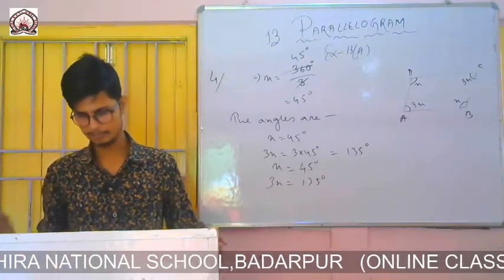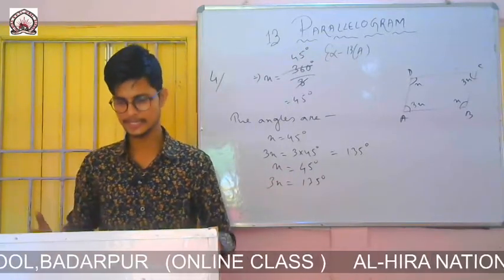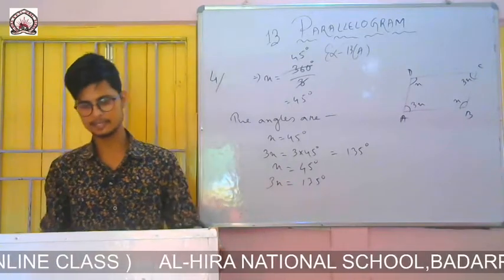Now question number 5: the perimeter of a parallelogram is 180 centimeters. One of its sides is greater than the other by 30 centimeters.